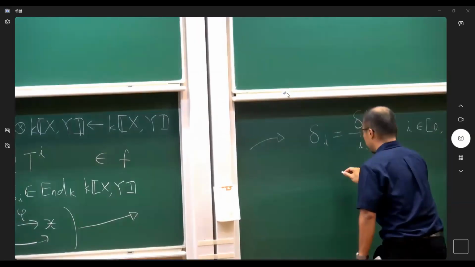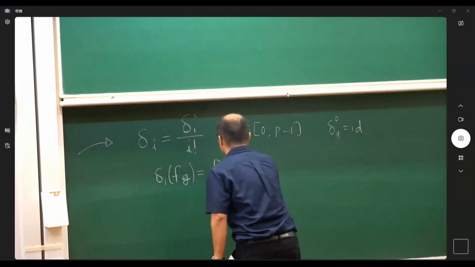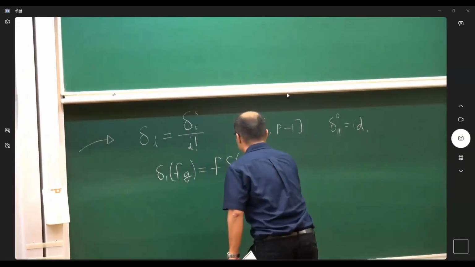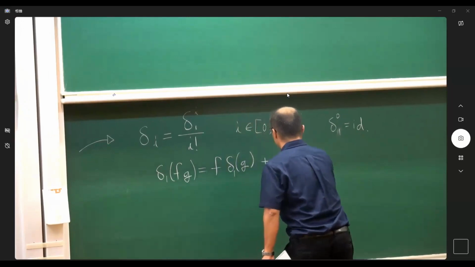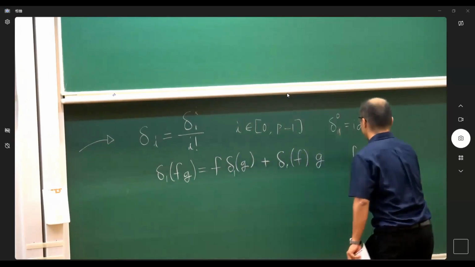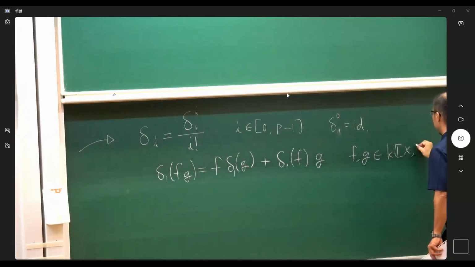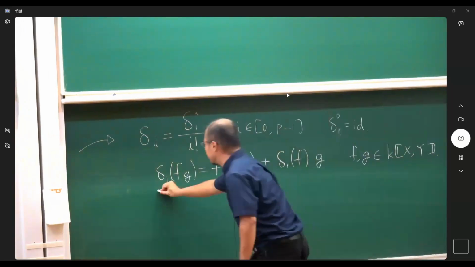Thus the action is determined by delta 1, and delta 1 should satisfy the Leibniz rule. So this delta 1 is a derivation.